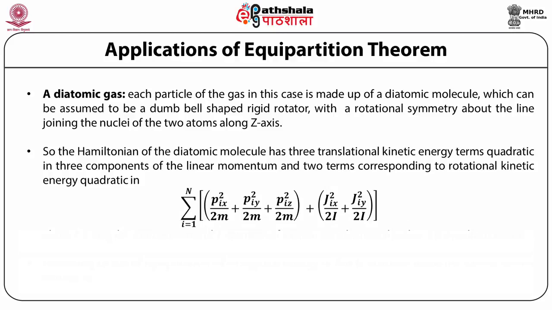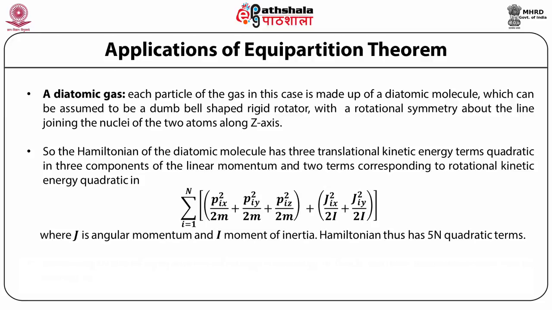So, the Hamiltonian of the diatomic molecule has three translational kinetic energy terms, quadratic in the three components of the linear momentum, and two terms corresponding to rotational kinetic energy, quadratic in two components of J, which can be written as the sum over i = 1 to N of pix² / 2m + piy² / 2m + piz² / 2m + jix² / 2I + jiy² / 2I, where J is angular momentum and I the moment of inertia. The Hamiltonian thus has 5N quadratic terms.